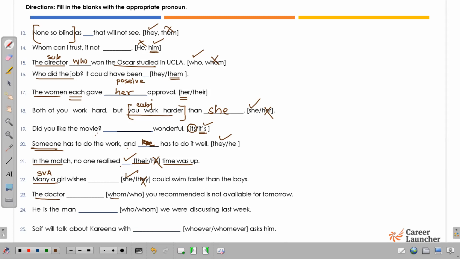The doctor whom you recommended, because you recommended, so you is the subject, you recommended the verb, and therefore the object is the doctor whom you recommended. He is the man we were discussing, so we were discussing him, right? So he was the man whom we were discussing.